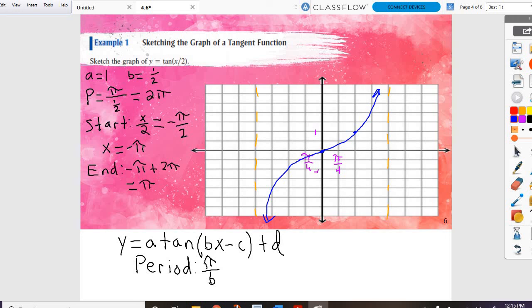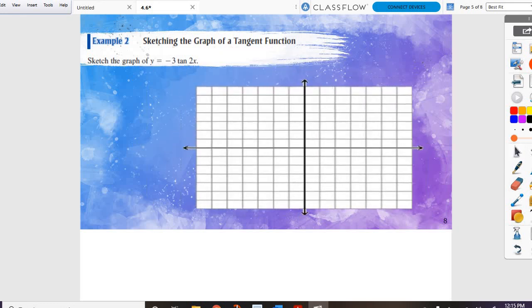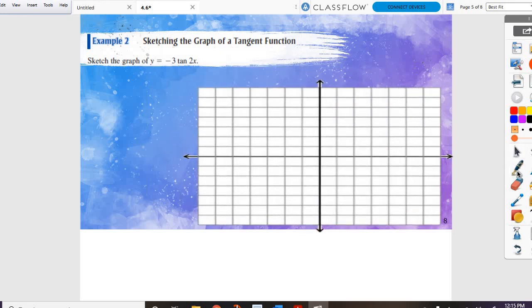Alright, let's look at one more example with tangent. So notice this time we have a b value and we have an a value. So what is our a value this time? Negative 3. And what is our b value? 2. So what is the period of this graph going to be?